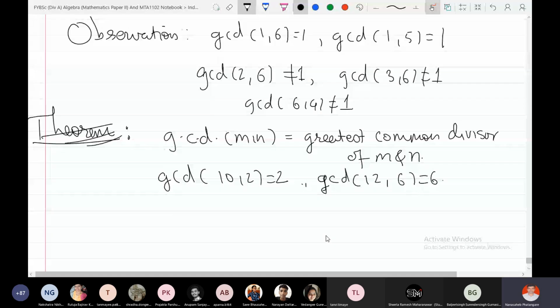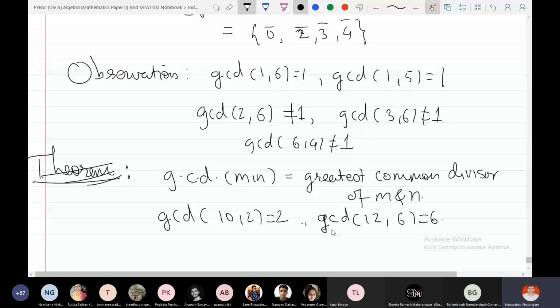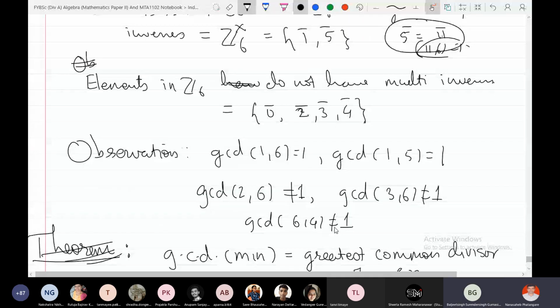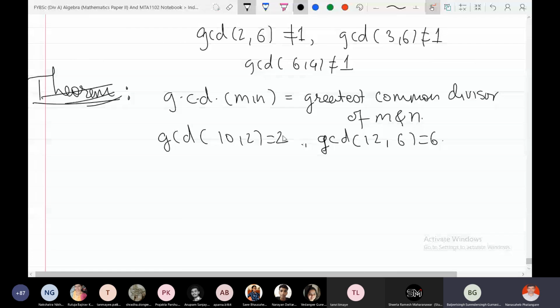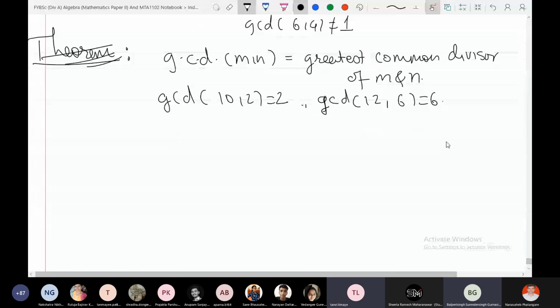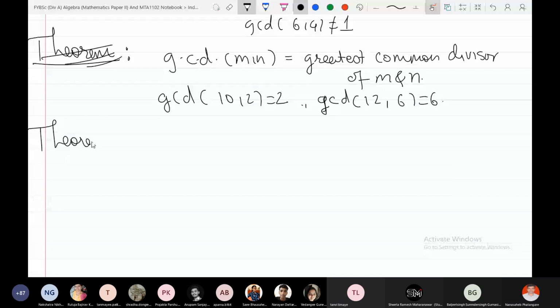So I am talking about a general statement. Which elements possess a multiplicative inverse and which elements do not possess it. So the elements with GCD equal to 1. So in Zn, now I want to make it for general n.